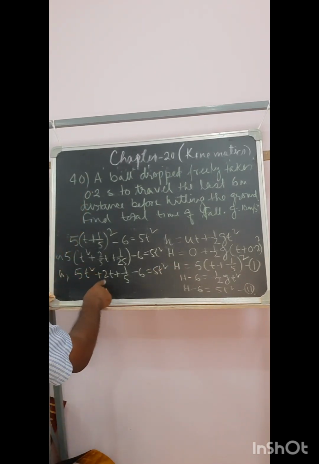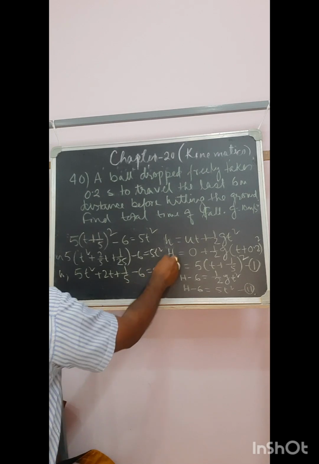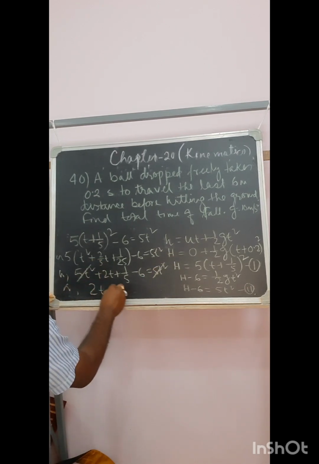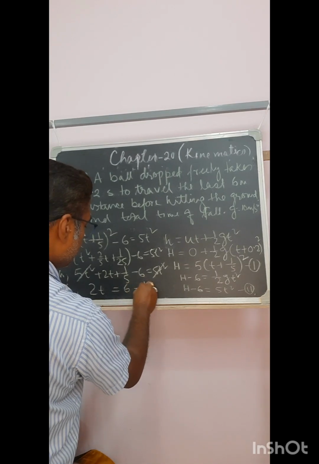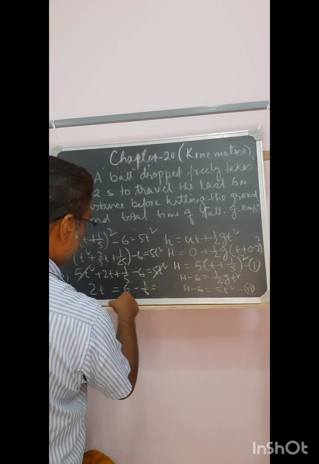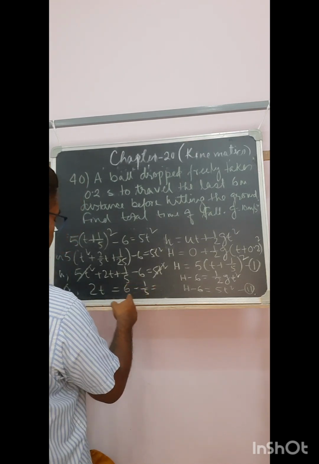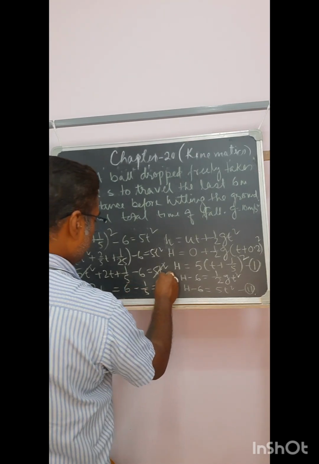The 5 t square terms cancel out. So 2t is equal to 6 minus 1 by 5, that is 29 by 5.